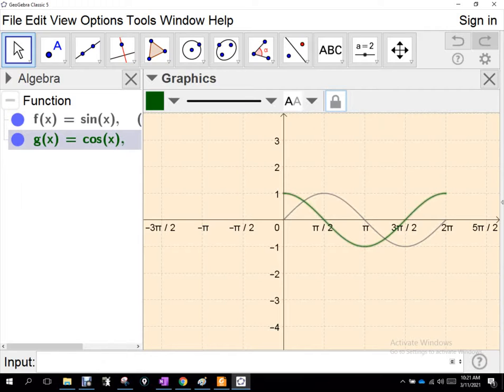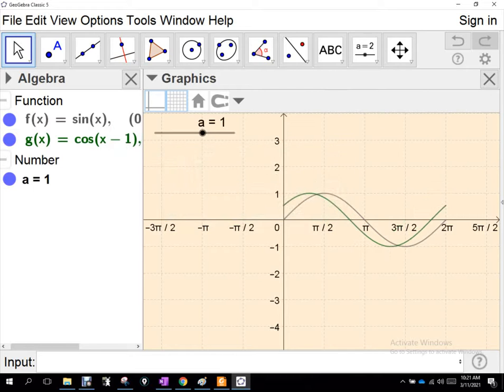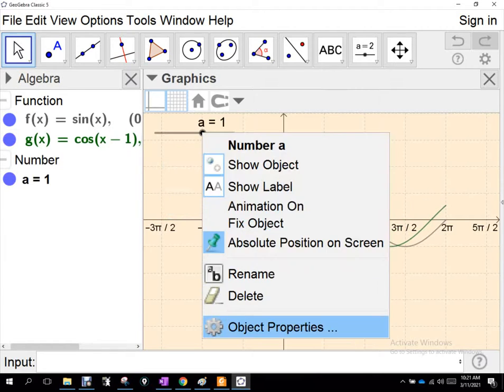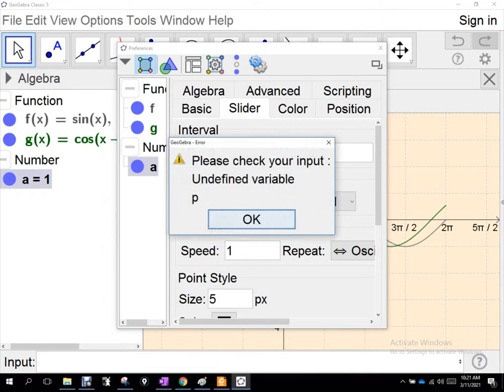Would you guys agree that if I took this green one and moved it to the right, minus a, because we're moving to the right, so I'm going to be subtracting here? Create a slider. Let's make my slider go from 0 to pi over 2. Let's see if that works.